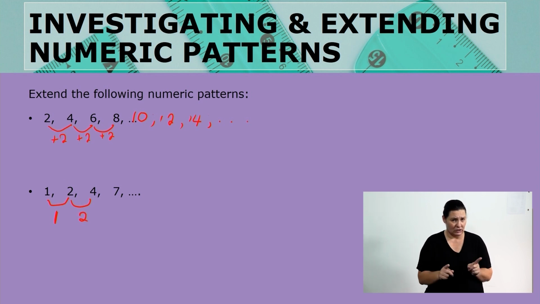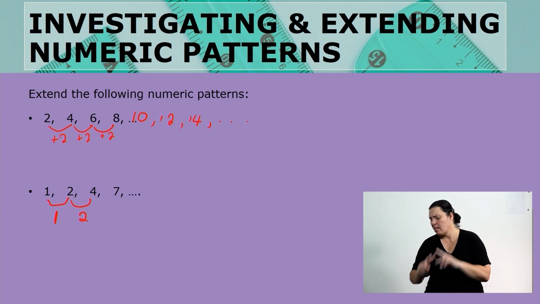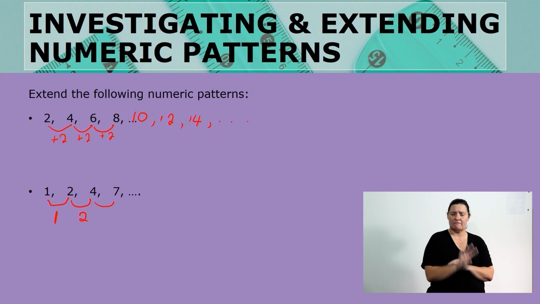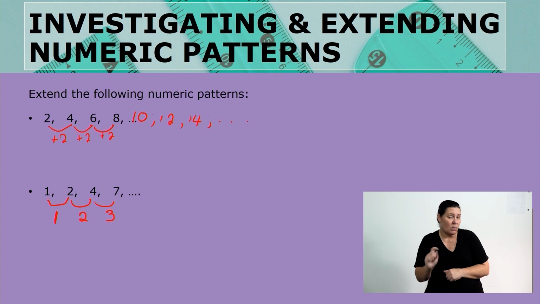Can you see that the difference there is no longer constant, but it is still a pattern? So let's investigate what is going on here. For us to get to the next one, we say 7 minus 4, which is 3. Look at the differences that we found there. Do you think you can calculate what the next term will be?